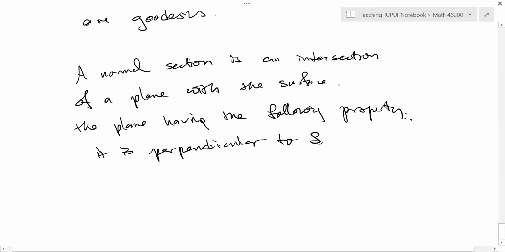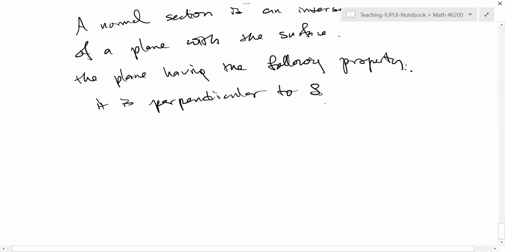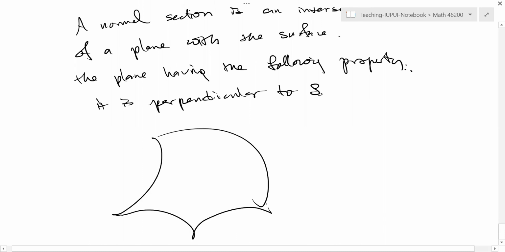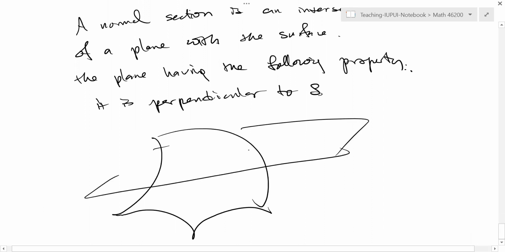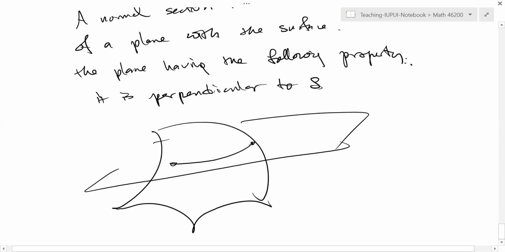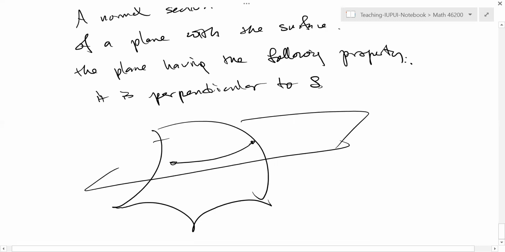And not every plane has this property, right? So this is a surface. If you just use a plane to cut it, this is not going to be the normal vector in general, because this is not going to be perpendicular to the tangent plane.